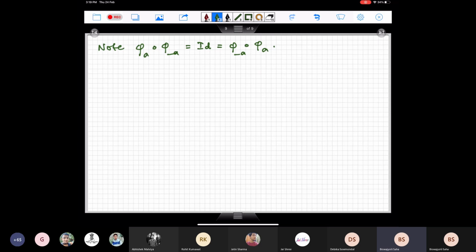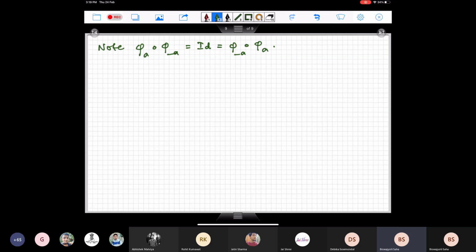Okay, so next thing I need to show is that phi a maps the open ball B(0,1) to the open ball B(0,1). That was the part which I did not check so far, but we are going to do it now.